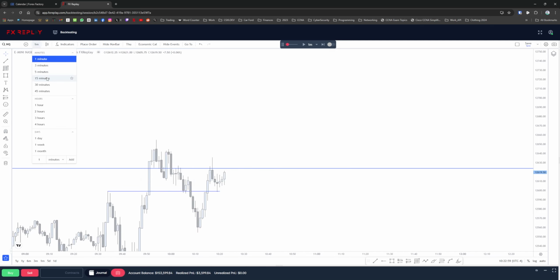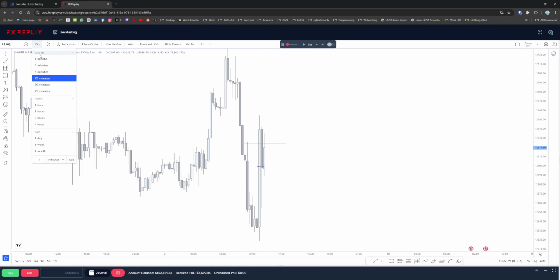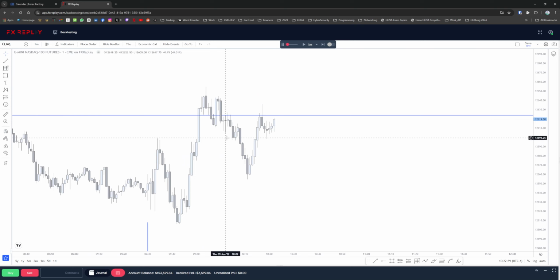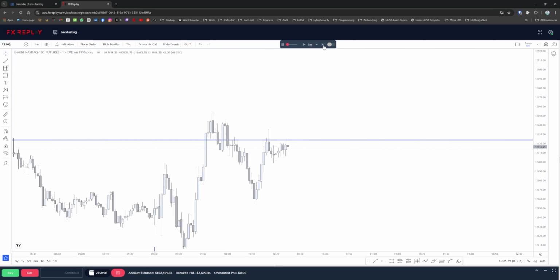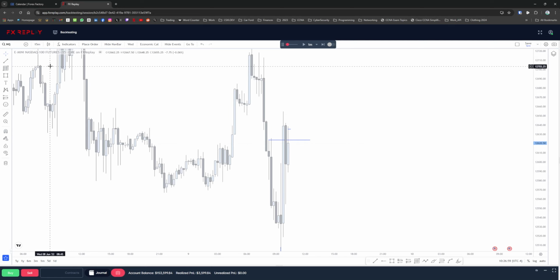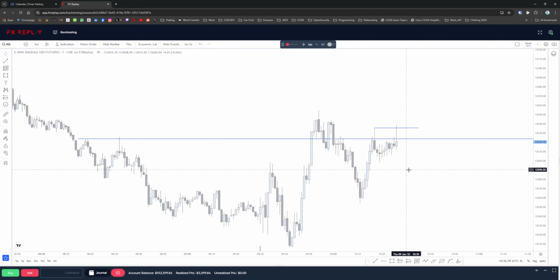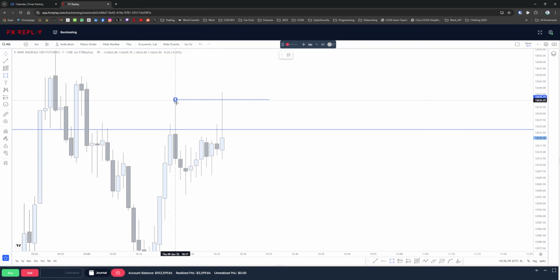Yeah, nothing's going on. Still bearish, like there's just nothing. Okay, so we get a stop hunt here. But again, this just is not clear enough.